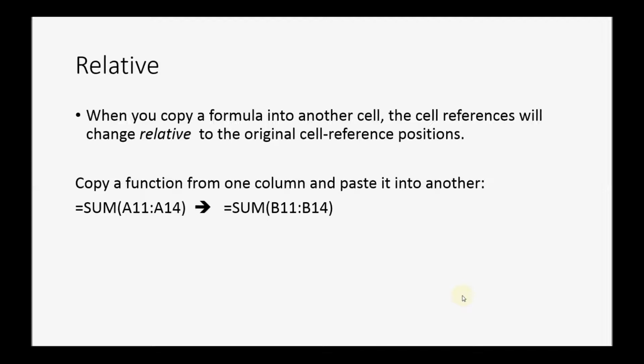So if you copy a function from one column and paste it into another, let's say you copy SUM(A11:A14) and you copied it into column B, SUM(A11:A14) then becomes SUM(B11:B14). It follows a pattern and is relative to the original position.